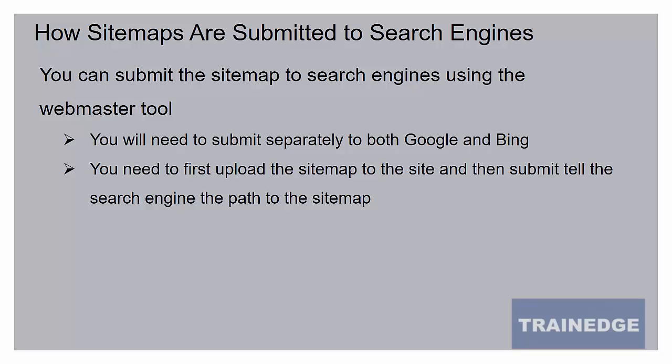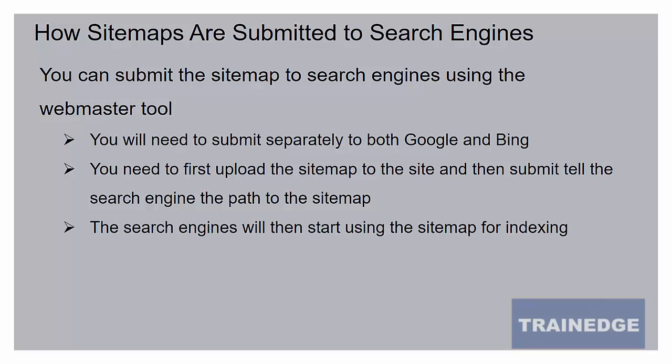So if you have generated it on some other site or coded it manually, you'll need to upload it first. If you're using a tool that is sitting on your site and generating the sitemap, then you need to get the URL of the sitemap from the tool and update the URL in the Google Webmaster tool or Bing Webmaster tool. Once you do that, search engines will come and start using the sitemap for indexing your website.